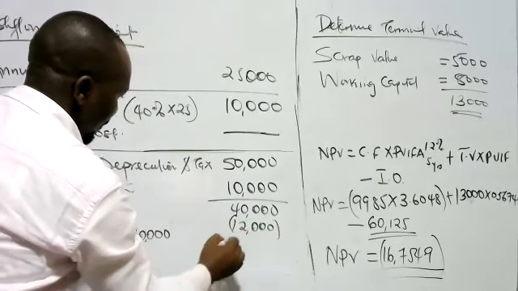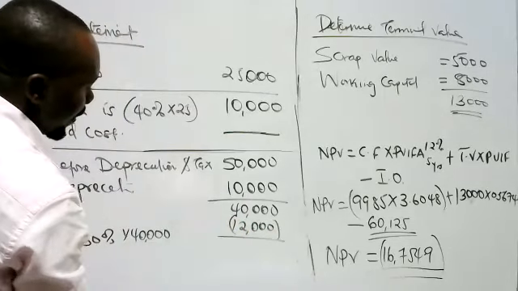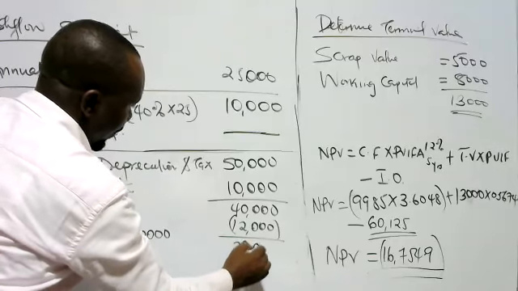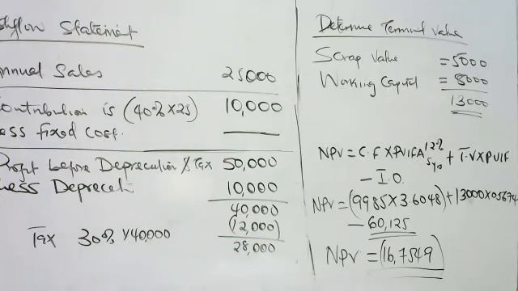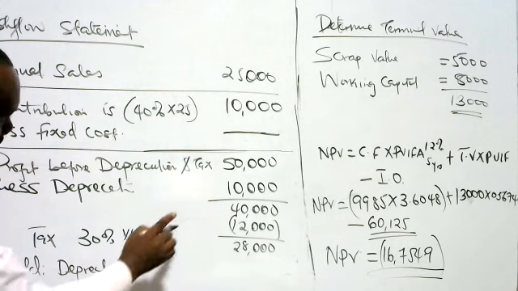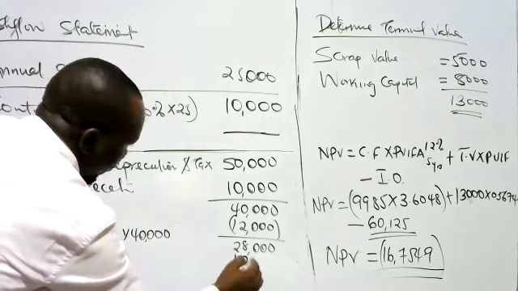Which you now less, so that you have here 28. Then add back depreciation, which was this one. If you add back depreciation, depreciation was 10, so you have 38.